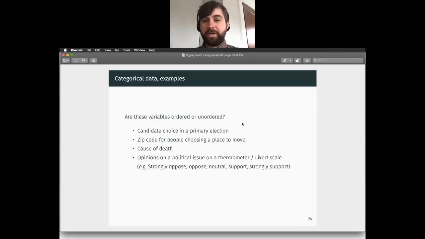Opinions on a political issue on a thermometer. Obviously, we just said that's ordered. A graduate program to attend. Well, I mean, criminal justice is way cooler than evolutionary biology, but those are obviously unordered. But rankings are ordered, right? And is the gap between 1 and 2 the same as the gap between 15 and 16? Maybe not.